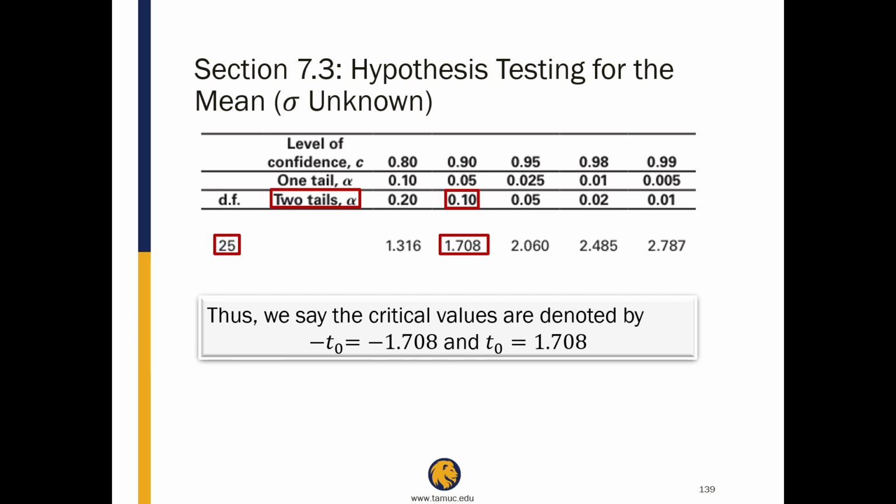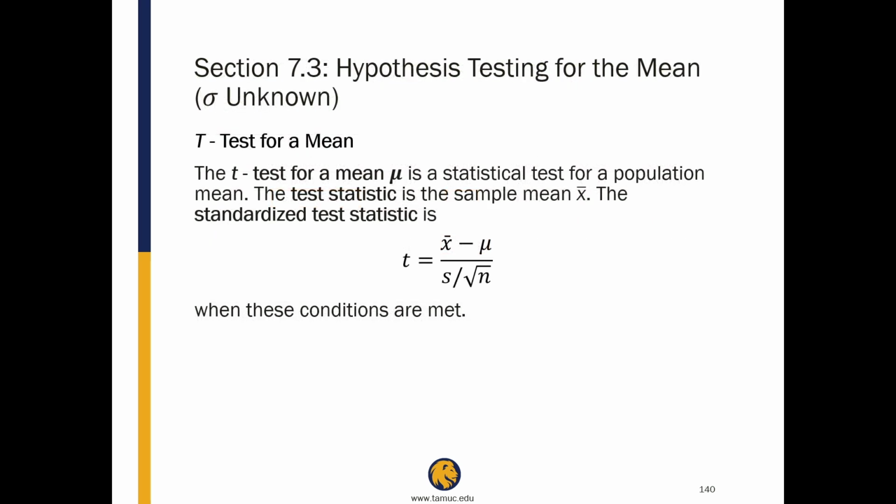Now in the long run, we're going to do a calculation similar to what we did for z-scores to get the t-value, and then we can use that to help us figure out if we're in the rejection region or not in the rejection region to reject the null hypothesis. So the t-test for a mean mu is a statistical test for a population mean. The test statistic is the sample mean x bar.